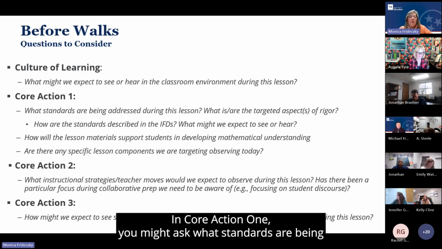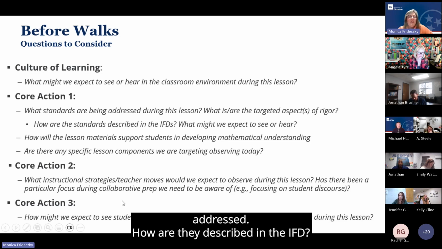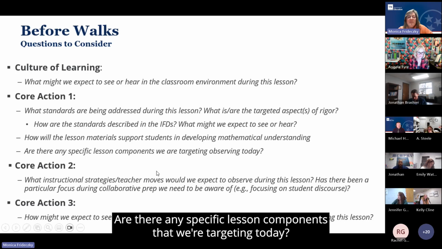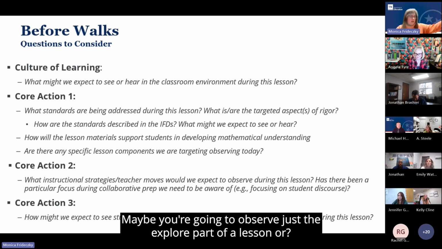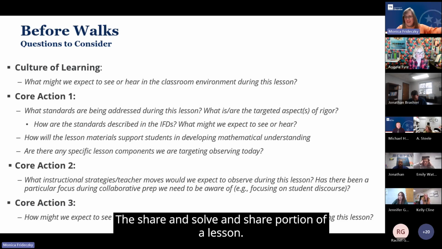In core action 1, you might ask what standards are being addressed. How are they described in the IFD? Are there any specific lesson components that we're targeting today? Maybe you're going to observe just the explore part of a lesson, or the share and solve portion of a lesson.